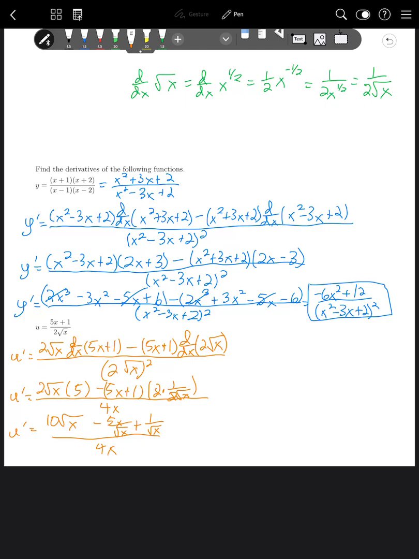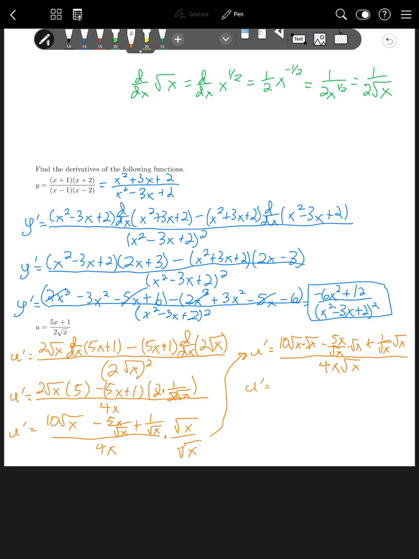But one of the things we would normally do is, this is a complex fraction, which we ran into when we were doing limits. And so we probably want to get rid of that complex fraction. And so the way we do that is to multiply by the square root of x over the square root of x. So this would become 10 root x times root x minus 5x over root x times root x plus 1 over root x times root x all over 4x root x.